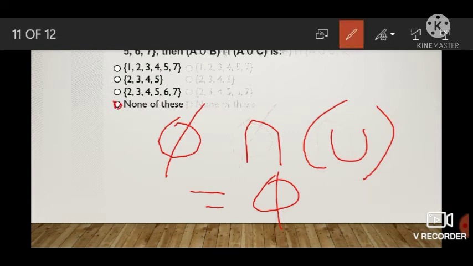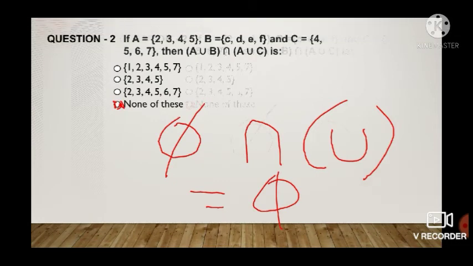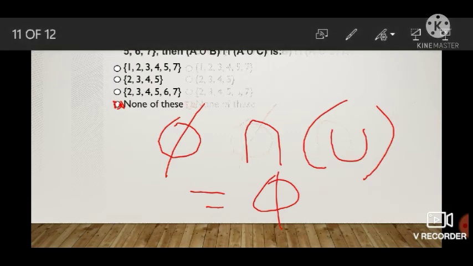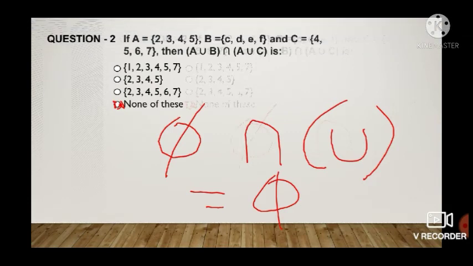But some people may get confused about why the answer is none of these, because you can see directly that A union B intersection A union C is there, and A union B does not have any element in common. I have made a mistake in my question.